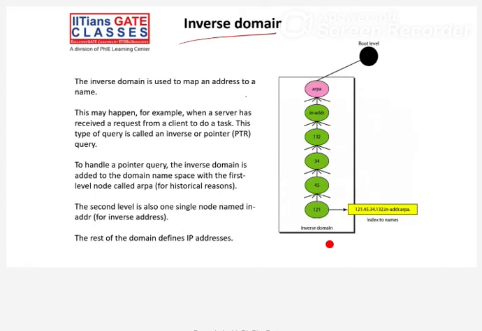That is 10 to the power 9. That amount of information cannot be stored on one node. Big storage is required, and a big server for processing and searching. So the solution to this problem is to distribute the information among many computers called DNS servers.